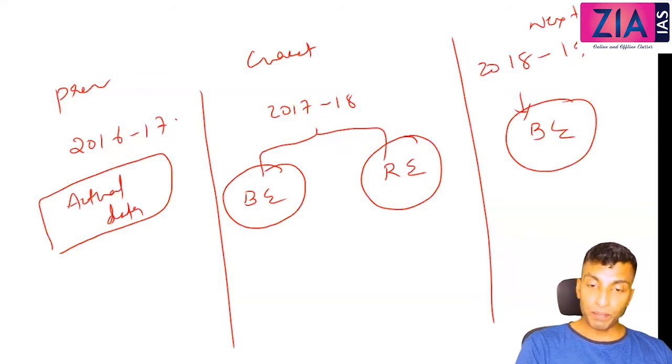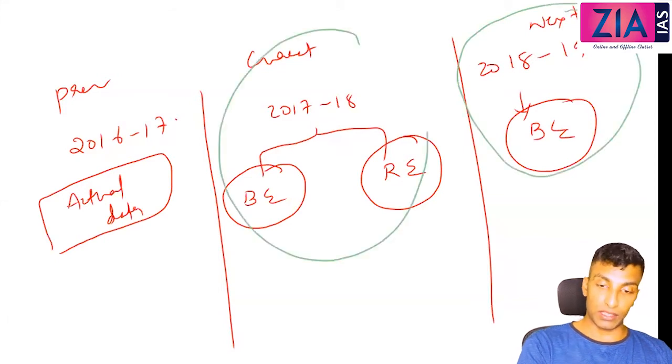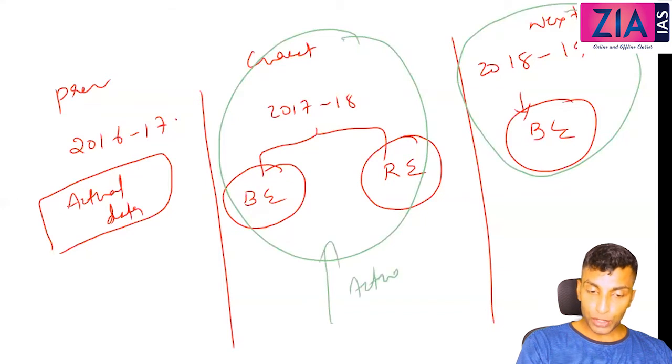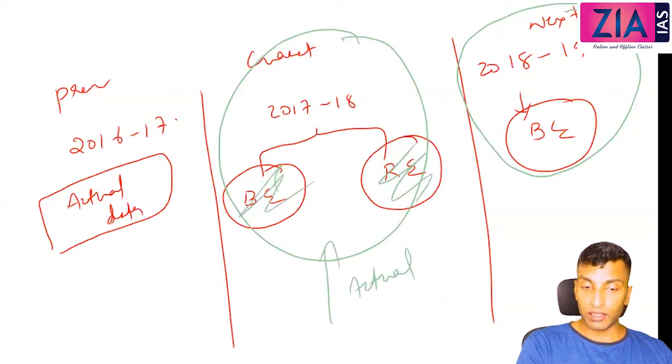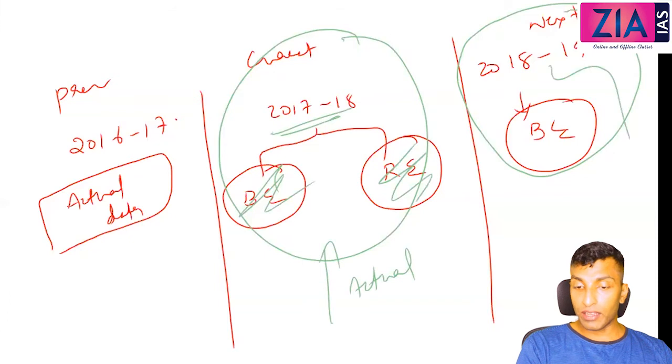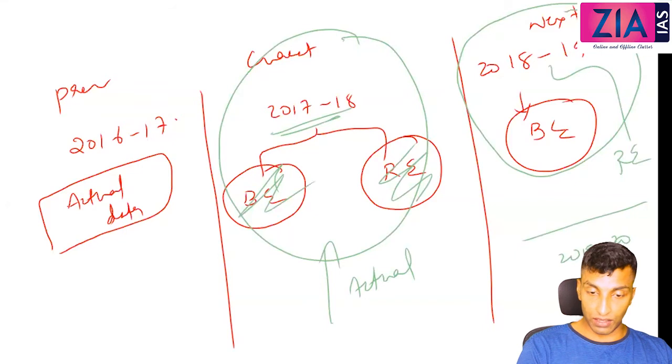Next year this will become the current year, then this will become the previous year, so here you will get the actual data. These two will not be there, only this will be there. Here you will have a revised estimate, and then next year, 2019-20, the budget estimate. So this is how you will see the values represented.